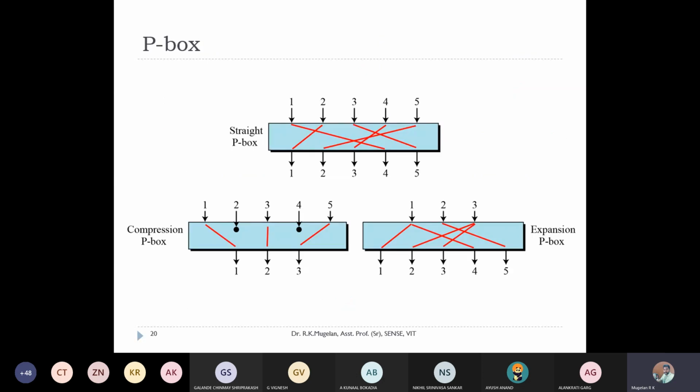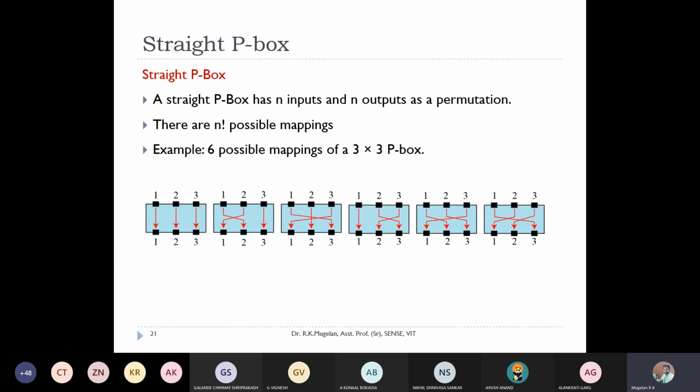There are three different types of P-boxes: straight P-box, compression P-box, and expansion P-box. We'll start off with the straight P-box. A straight P-box, as the name denotes, has n inputs and n outputs. The number of inputs is the same as the number of outputs, and the possible number of mappings will be n factorial. In the algorithm, I'll choose any one of these different combinations.